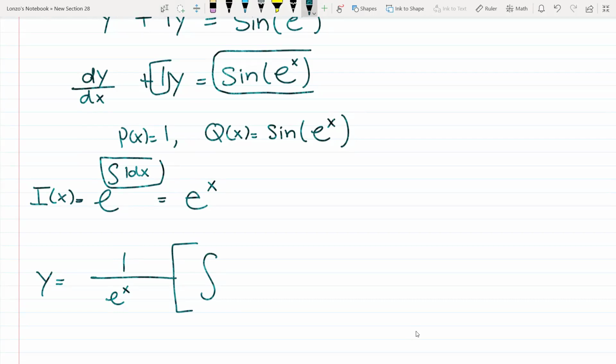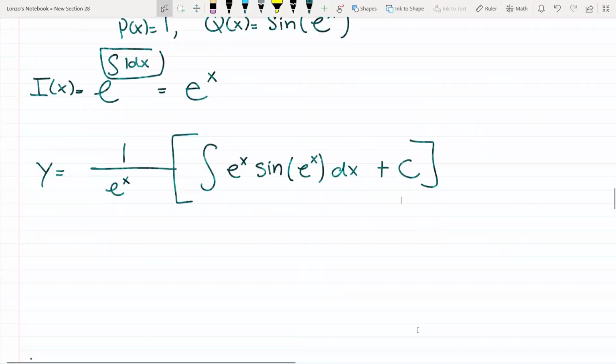So my I of x is e to the x, and my q of x is sin of e to the x, dx plus c, and then bracket. Okay, so what I would do is do this step.